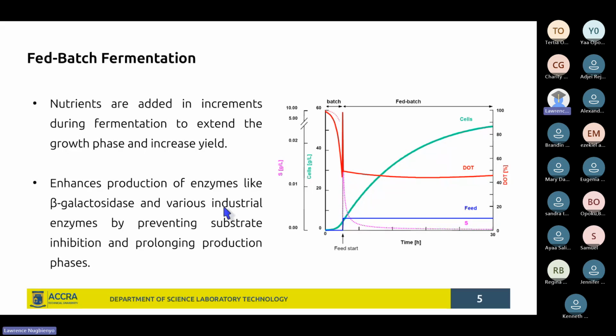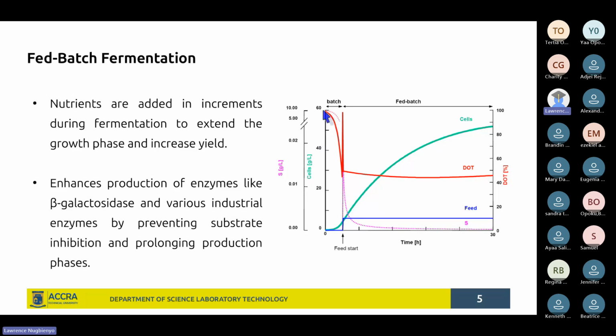This system is designed to prolong the growth phase and increase the yield of the fermentation process. Once the growth phase is increased, it also means that the stationary phase is going to increase.